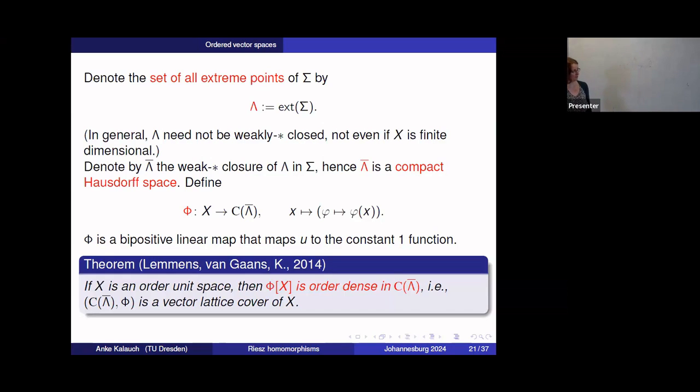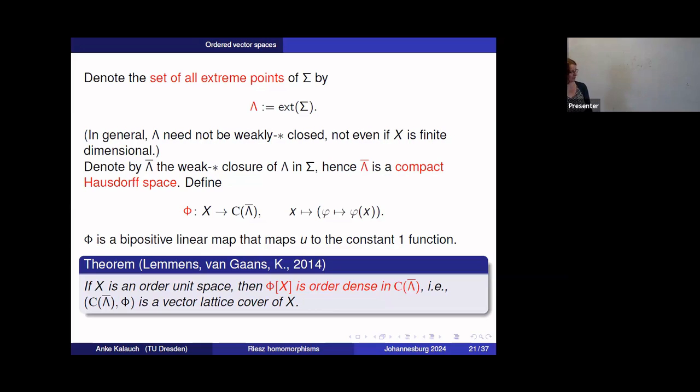And this is again a bipositive embedding, mapping u to the constant 1 function in the space of continuous functions on this compact Hausdorff space. And it took us a while to show that this really is an order dense embedding. It was joint work with a colleague, Bas Lemmens from the University of Kent.